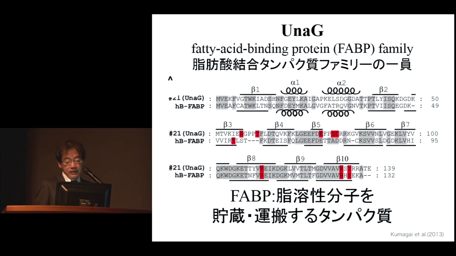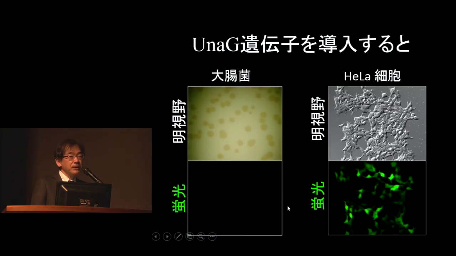Then we successfully cloned the gene encoding the green-emitting protein, and we named the protein product UnaG. The protein belongs to the fatty acid binding protein, FABP, family. FABP is a carrier protein of lipophilic substances. Amazingly, heterologous expression of UnaG in bacteria did not produce any fluorescence, but in mammalian cells there was very bright green fluorescence.